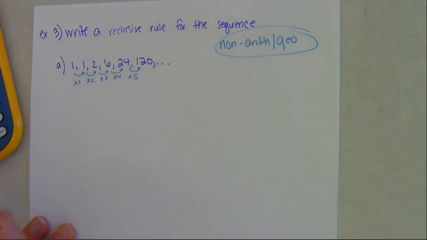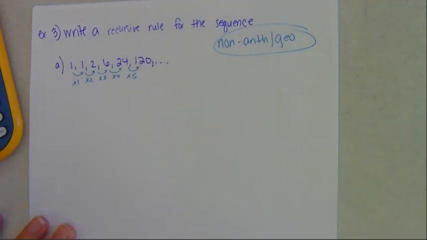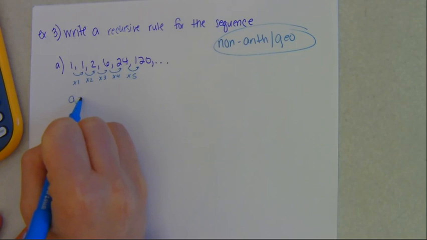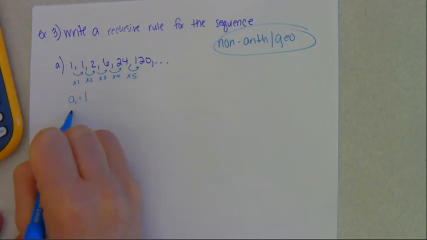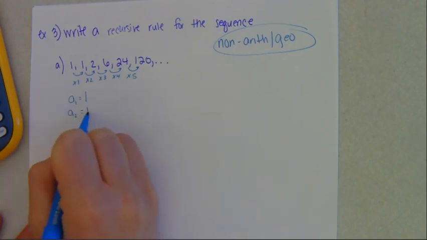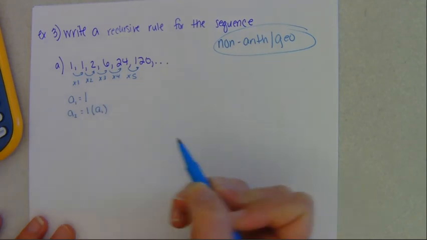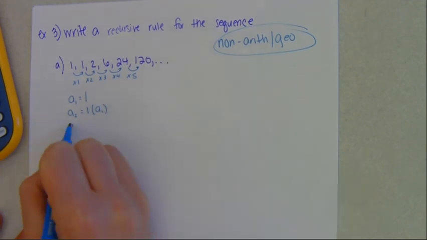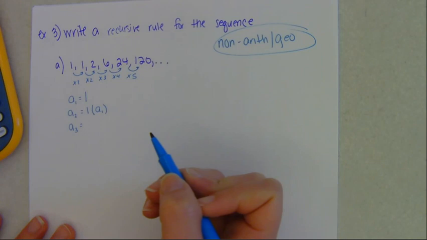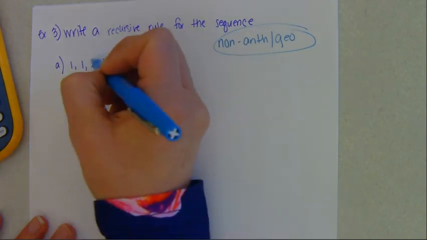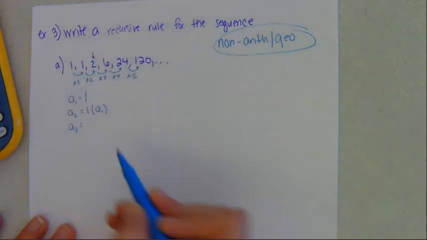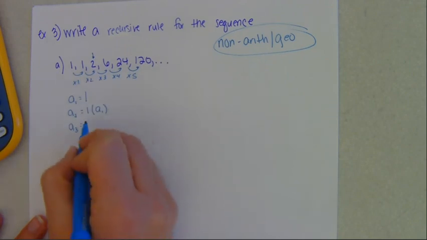Sometimes I think it helps if you start to arrange things. If we say that A1 is 1, we say that A2 is 1 times A1, right? That's what's happening. And A3, well, how do you get A3? So the third term is this guy right here. Well, you take the previous term and you multiply by 2.